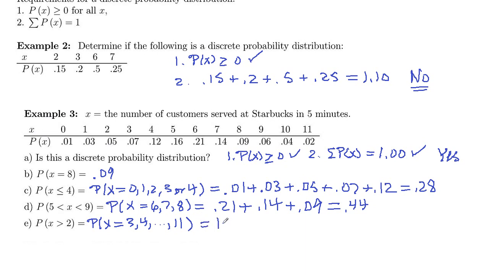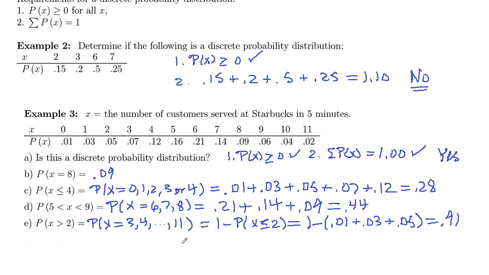So shortcut here, we could do 1 minus the opposite probability, the complement, x less than or equal to 2, which is going to be 1 minus 0.01 plus 0.03 plus 0.05. So that's 1 minus 0.09, so 0.91. So 91% chance that more than 2 people would be served inside this 5-minute period, at least from the data that we have.